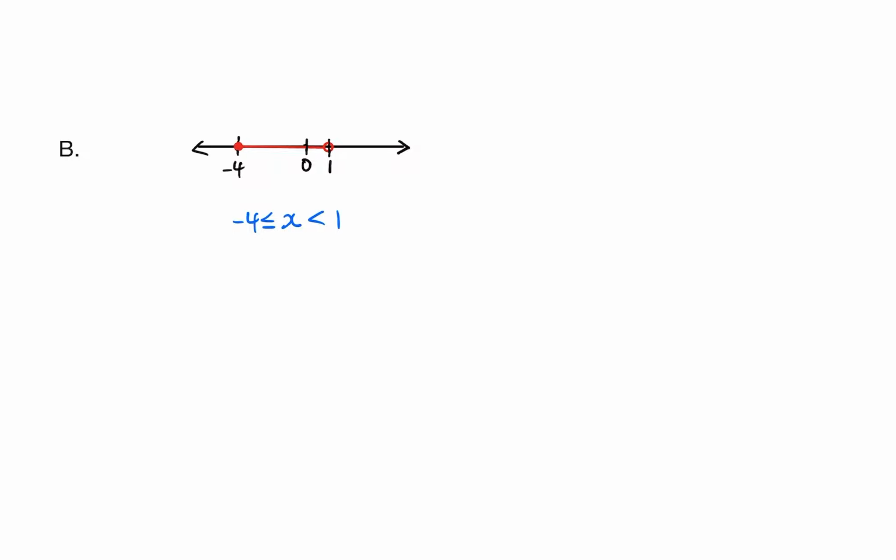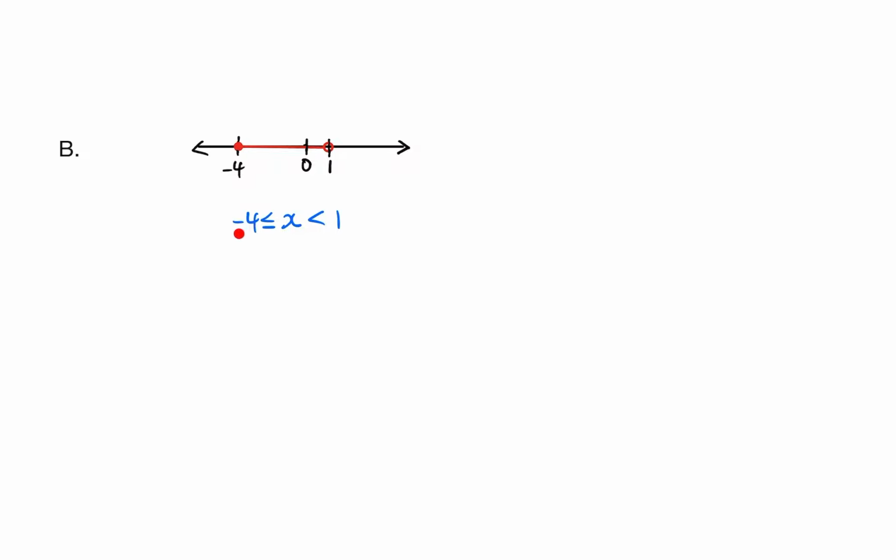Sometimes we read it from right to left, and sometimes we read it from left to right. In this case, we're reading this from right to left. When you read this inequality sign from right to left, it's going to be greater than or equal to, and then this value.